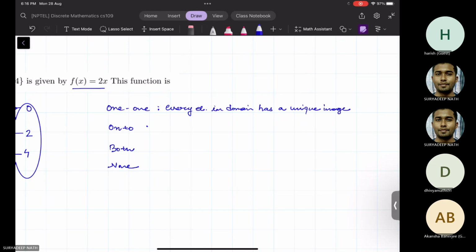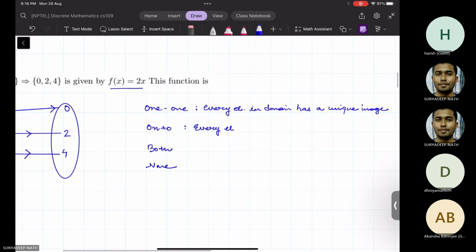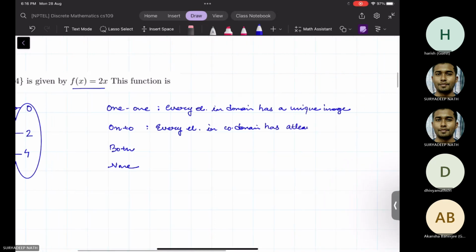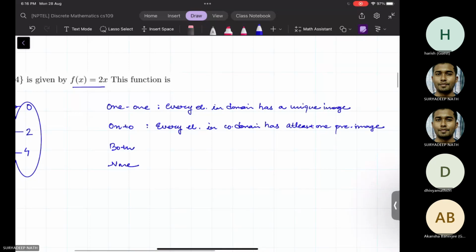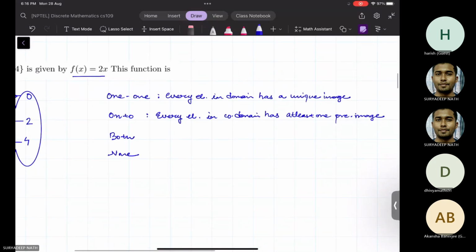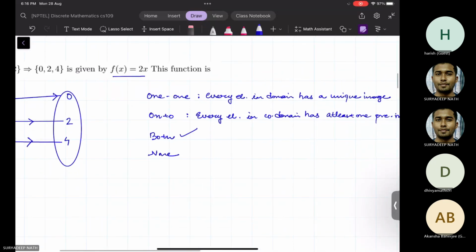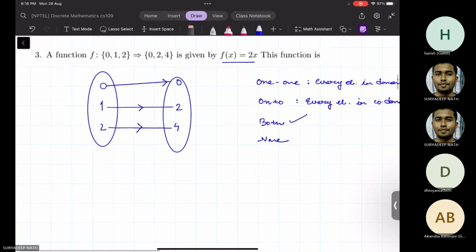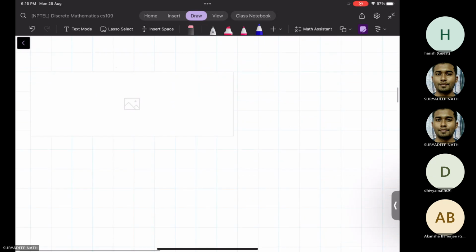It is onto because every element in the codomain has at least one preimage. So therefore, the right answer is both. It is one-one and onto. So I hope this is clear. Let us move on to the next question.